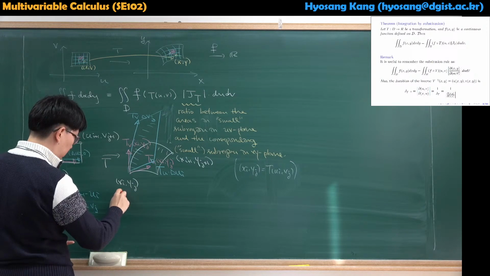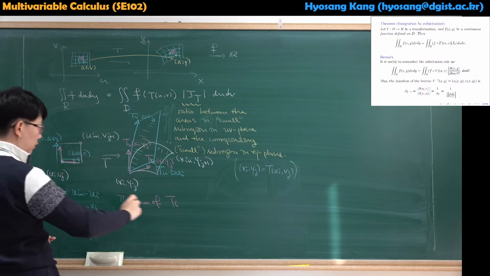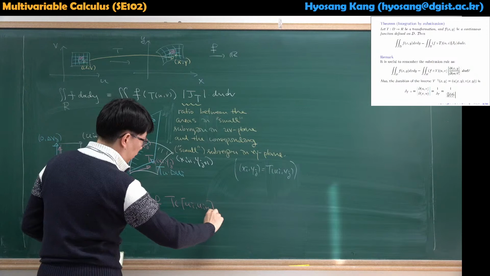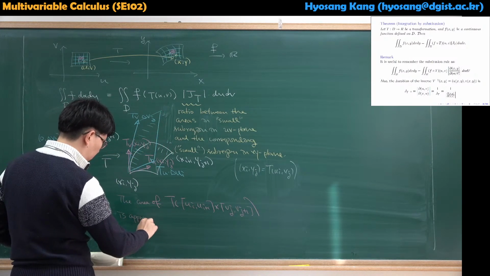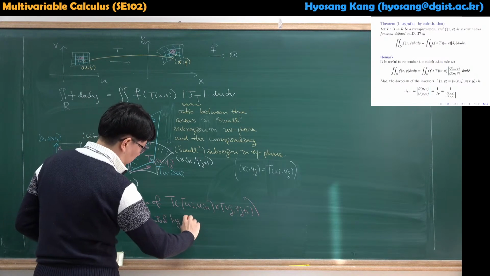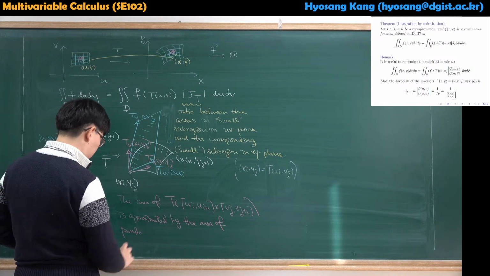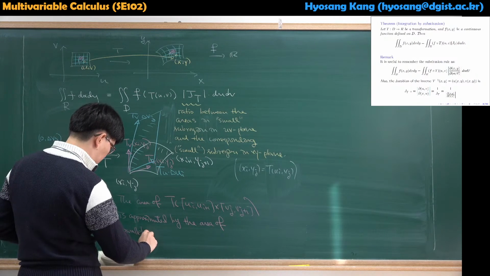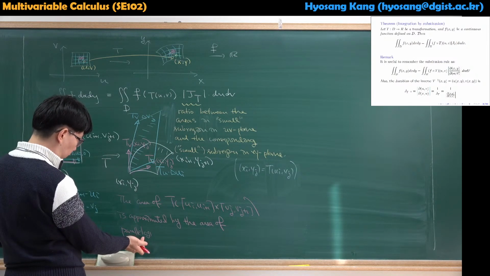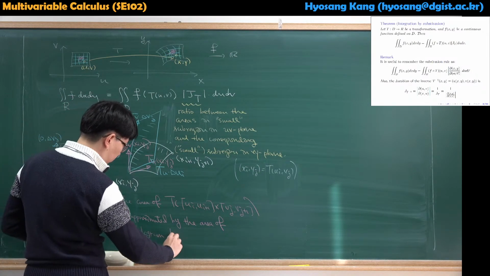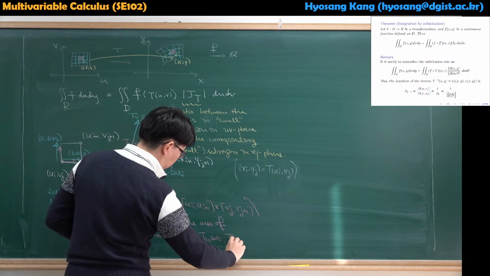So the area of T of this region, ui to ui plus 1 cross vj to vj plus 1, is approximated by the area of the parallelogram bounded by these two vectors, Tu delta ui and Tv delta vj.